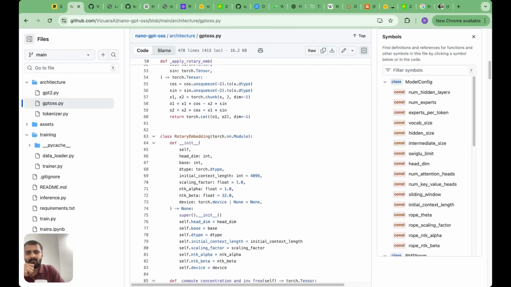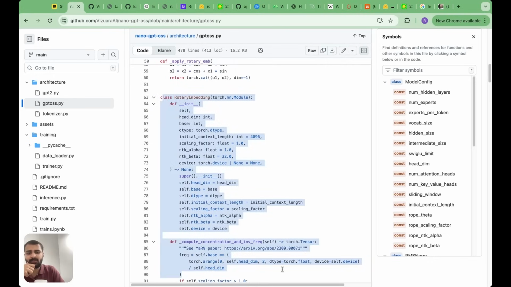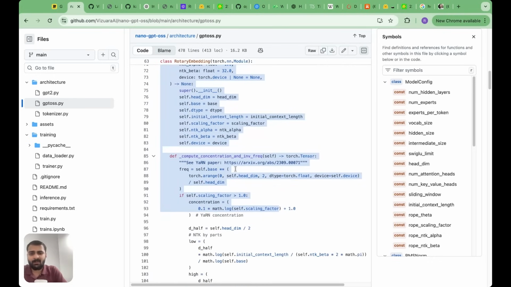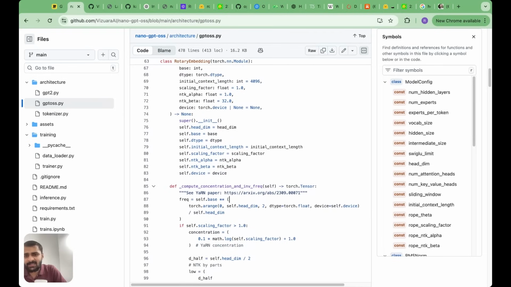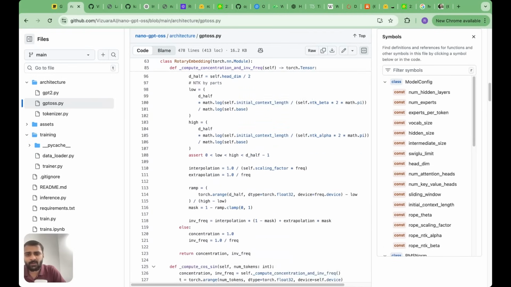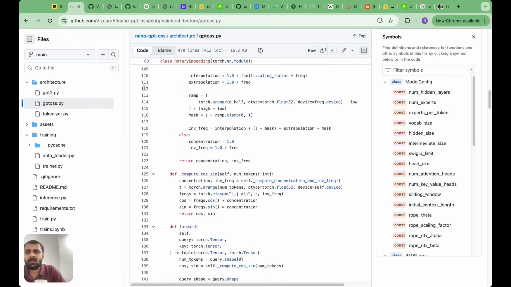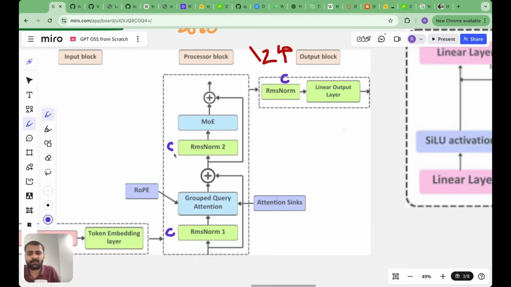Okay. Then we have a class for the rotary positional encodings over here. Remember, the query key vectors are rotated by theta. You will see exactly the same description over here for theta and how the query key vectors are rotated. So there is a class for that, which I'm calling C again over here.